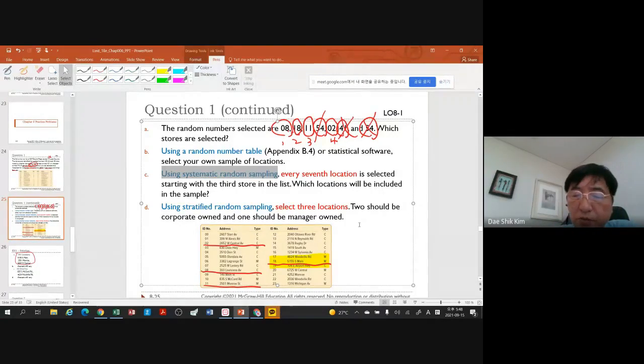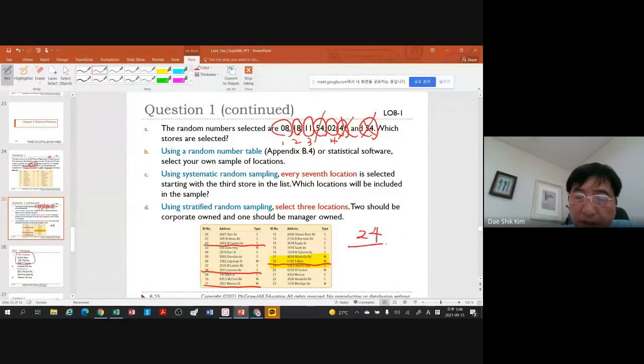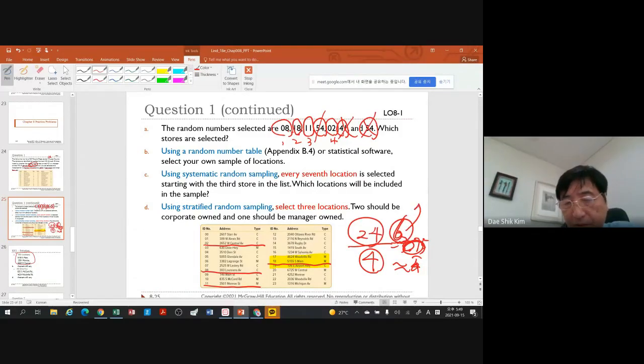The total, 0 to 23, is 24 locations, and 24 divided by 4 is 6. Since they want a bigger number, not exactly 6, they decided on every 7th number.